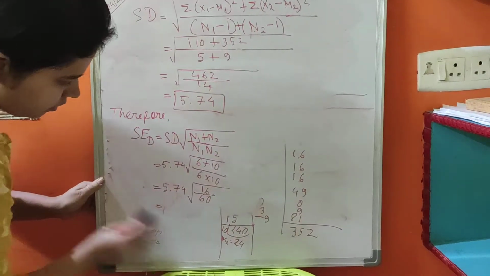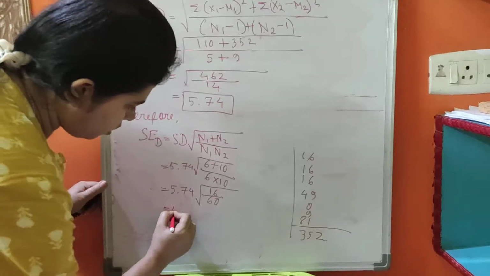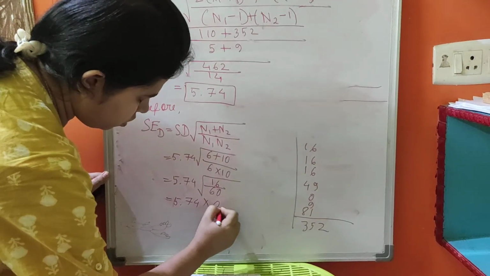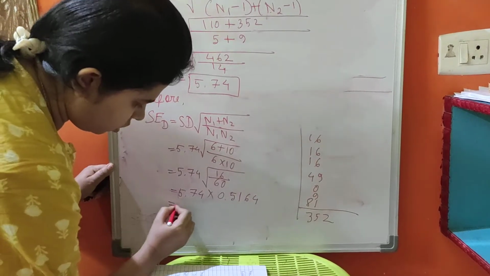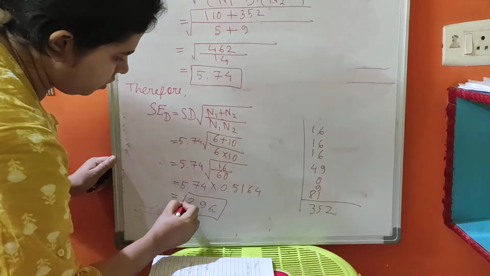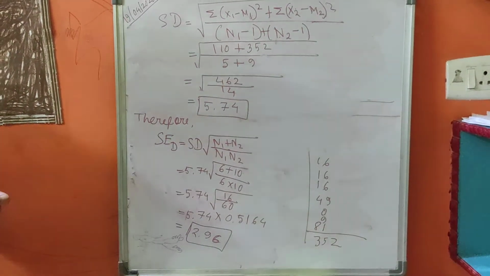So it will be 5.74 into 0.5196. This is the standard error of difference, that is 2.96.